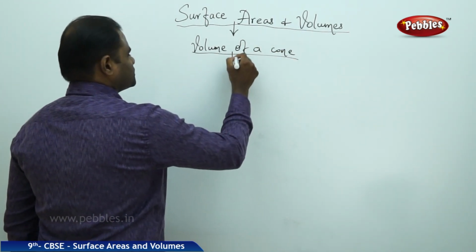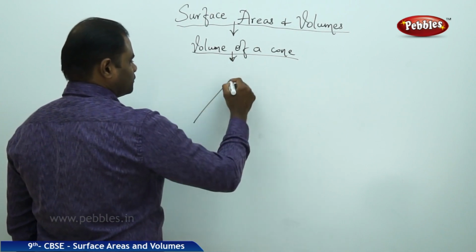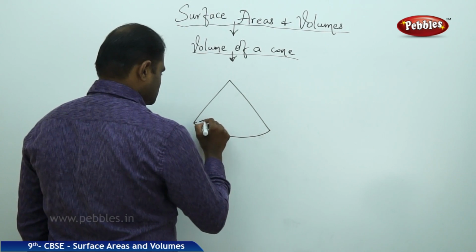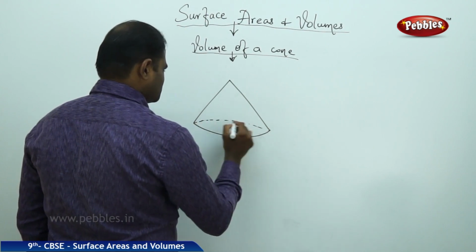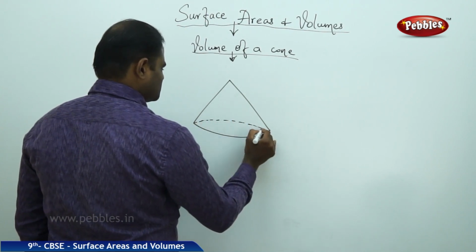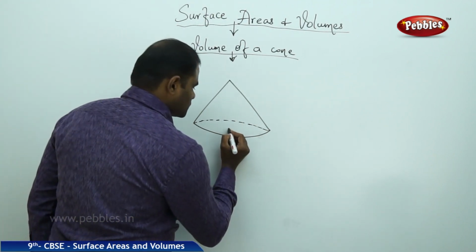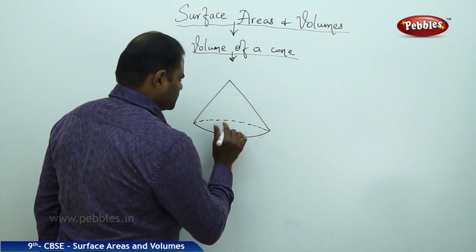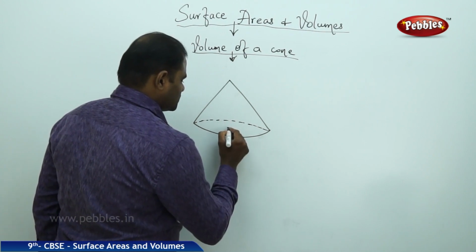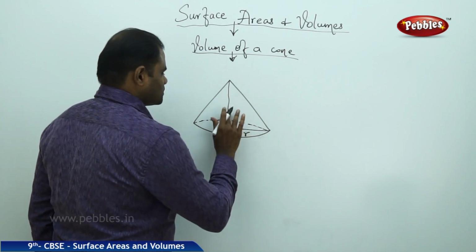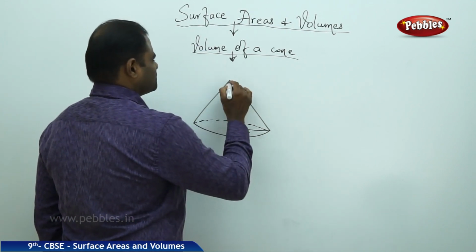So taking the shape of a cone, which looks somewhat like this, and then fixing from here, from the center, this distance is called radius and this distance is called height.